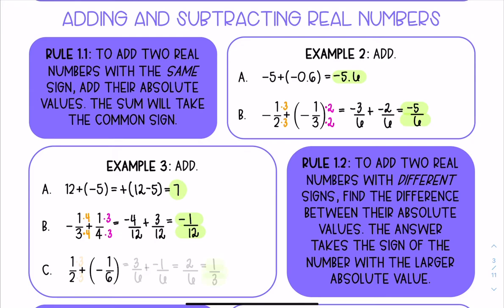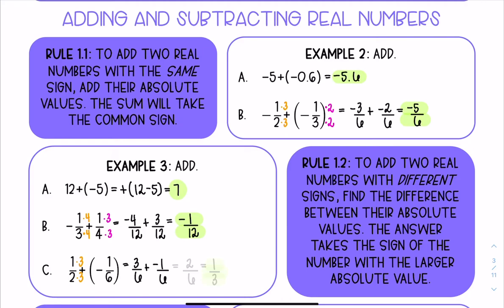Same idea happens with 1/2 plus negative 1/6. Gotta have a common denominator. 2 and 6 both go into 6. So I only need to fix the first fraction. And I'm going to multiply the top and bottom by 3. Well, this ends up giving me 3 over 6 plus negative 1 over 6.